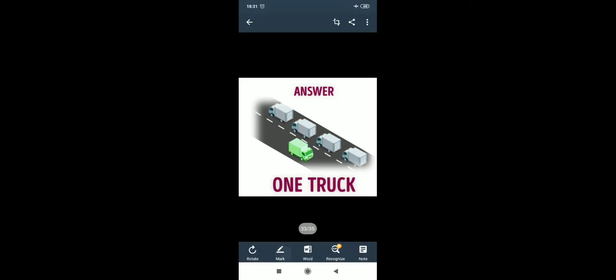Yes, did you get any answer? I'll reveal my answer. First of all, once again read your question. A truck went to a village and met 4 cars. How many vehicles were going to the village? It is a tricky question. This is the answer. This is our considered truck.